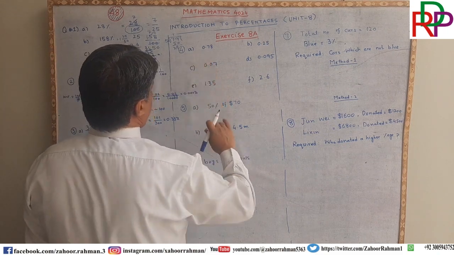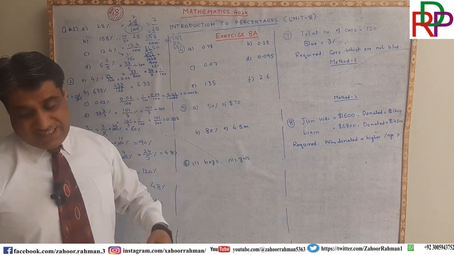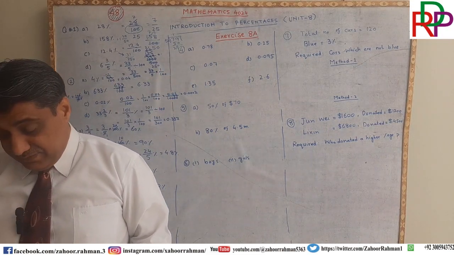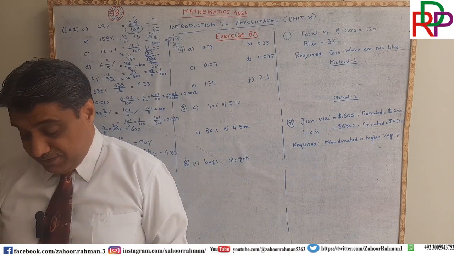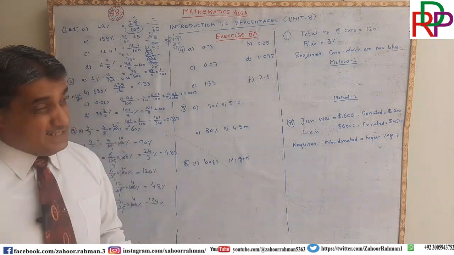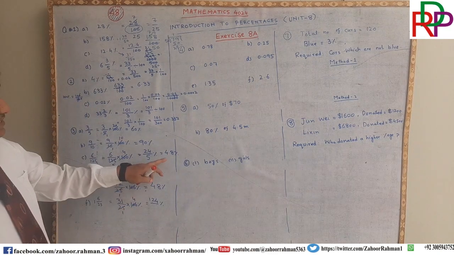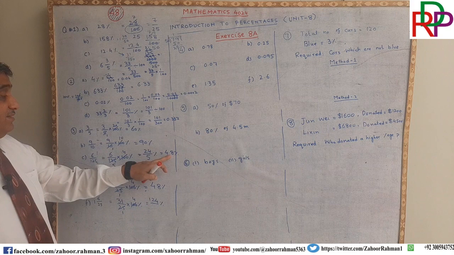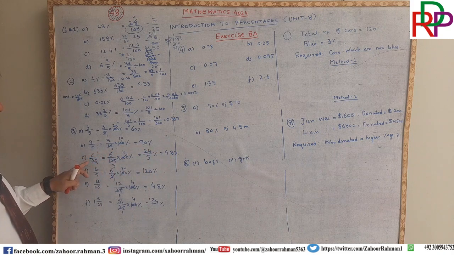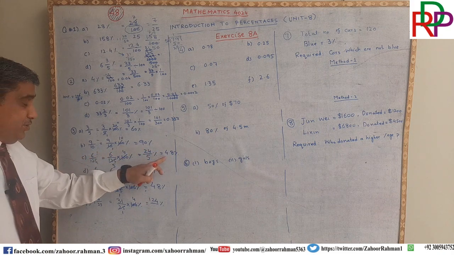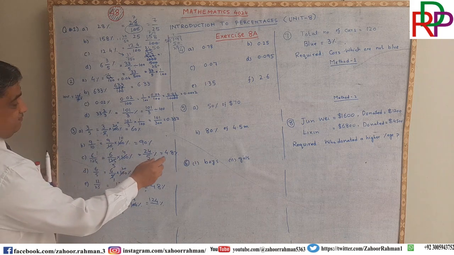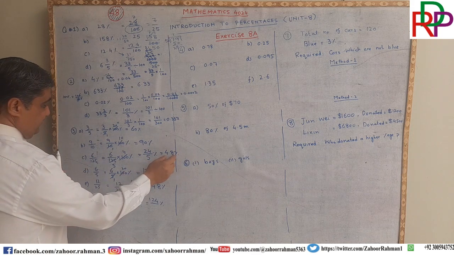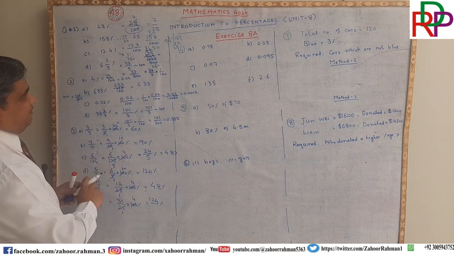Okay, now question number 4 is saying that express each of the following decimals as a percentage. You got this value from this. Now you have to write this value in this form.